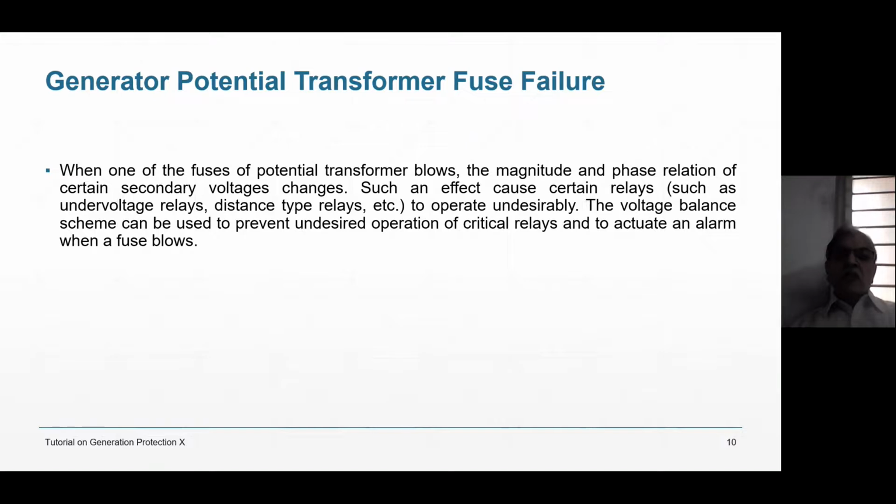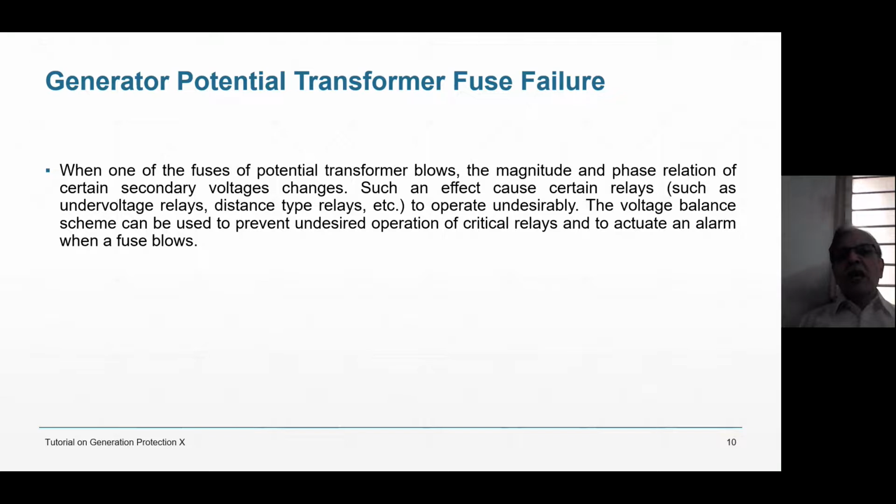Anything can happen, because of which the generator PT will be short circuited. It is said in power systems that a CT should never be open circuited and a PT should never be short circuited, because a PT is hardly taking a few milliamperes of current. So generator PT fuse failure.